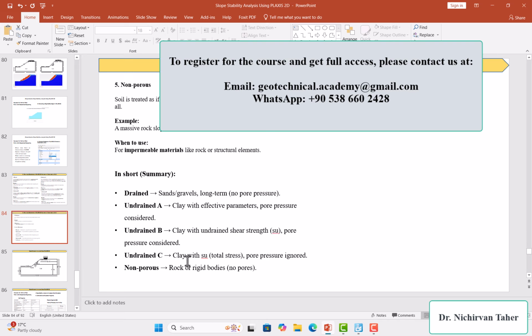For undrained C, as I mentioned before, it's a total stress analysis and pore pressure is ignored. And regarding non-porous, it's used for rock or rigid bodies like concrete, so there are no pores and no pore pressure is generated.